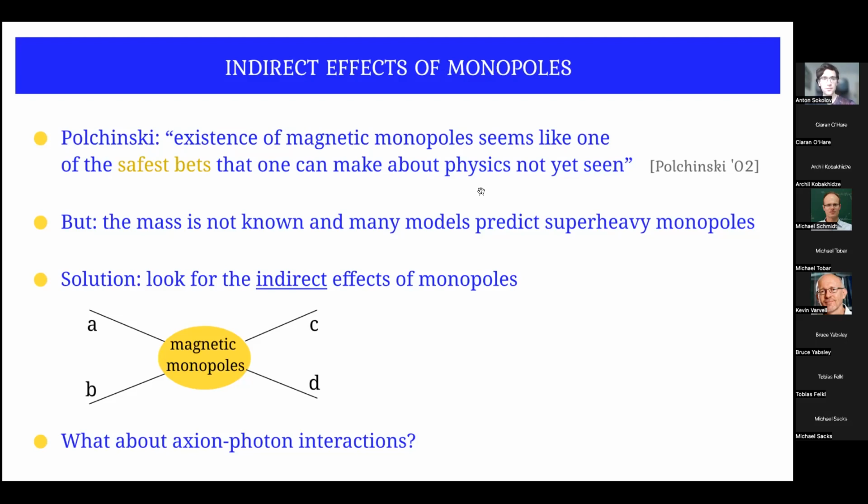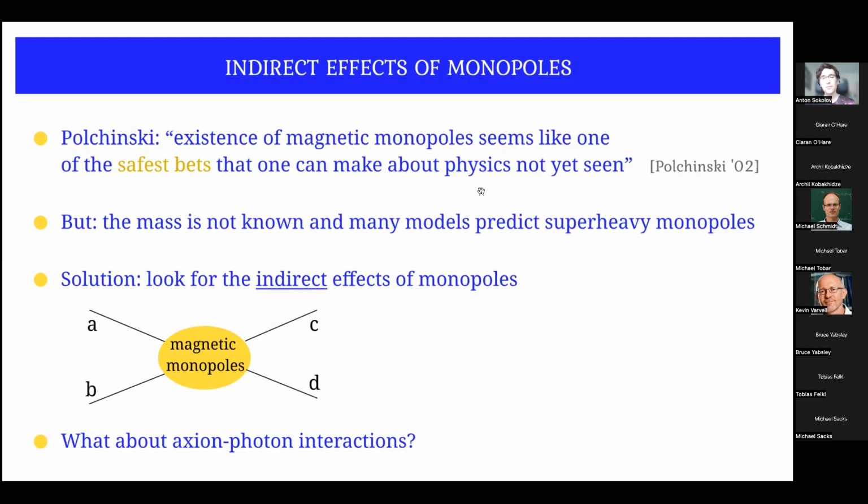But the problem is that, although there are such good theoretical motivations, their mass is not known, and many models predict very heavy magnetic monopoles. This means we cannot probe them with the energies accessible to our experiments. The solution may be to look for indirect effects of magnetic monopoles.